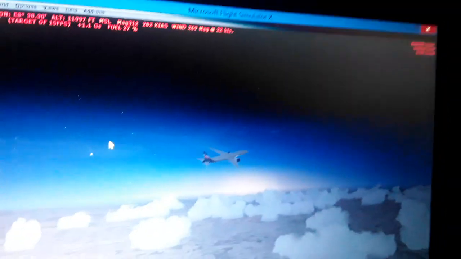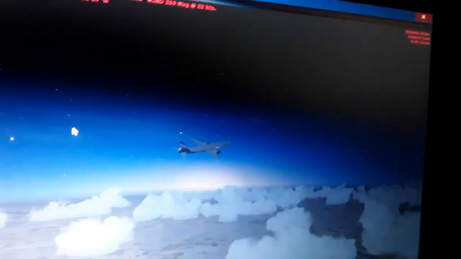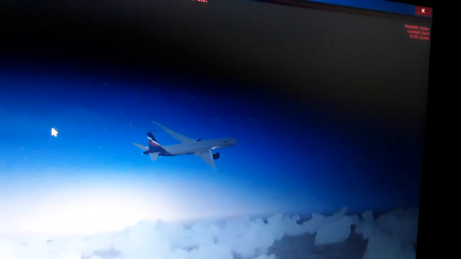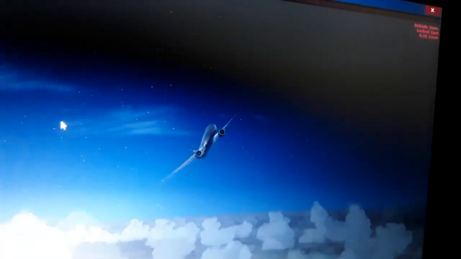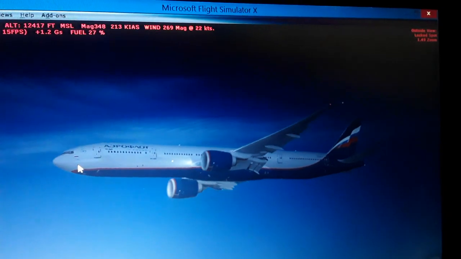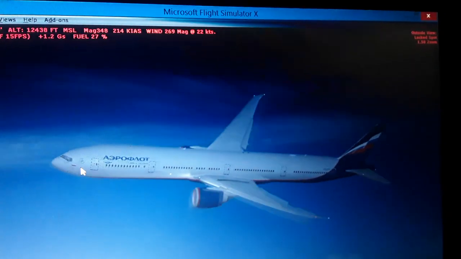Hope you enjoy the way we fly with about 500 kilometers an hour right now. As we keep climbing, 500 kilometers an hour or 250 meters per second.